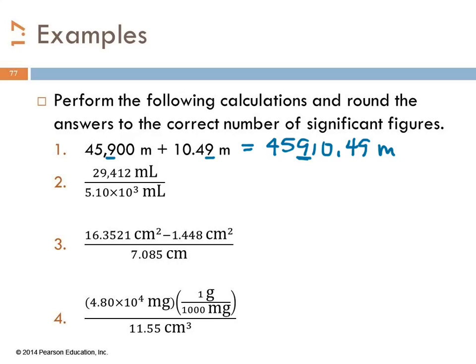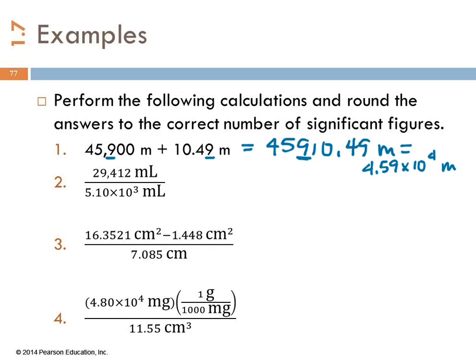So we should call this 4.59 times 10 to the 4 meters. I'm moving this decimal point 4 places. I've got an exponent of 4, big number, positive exponent. The uncertainty is in this decimal place.